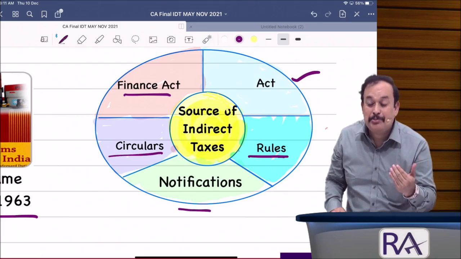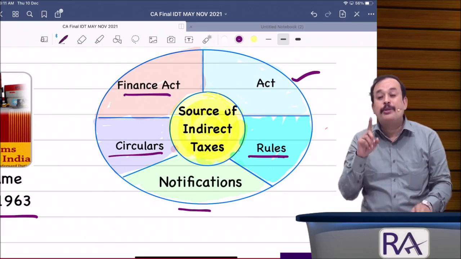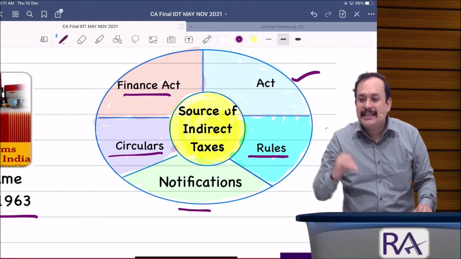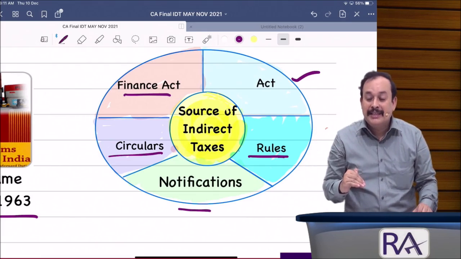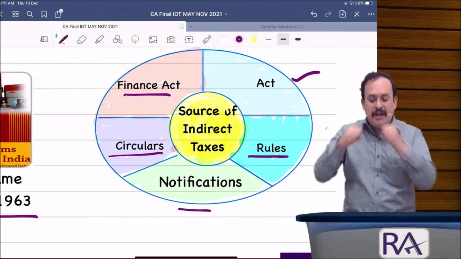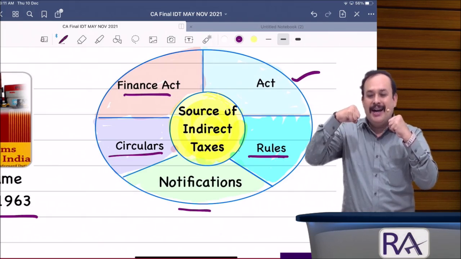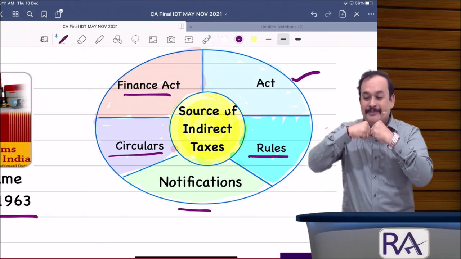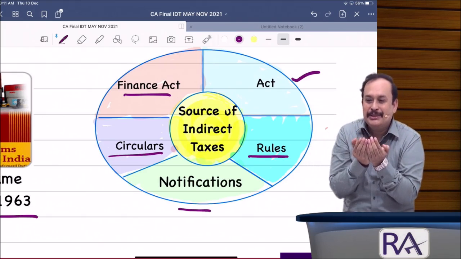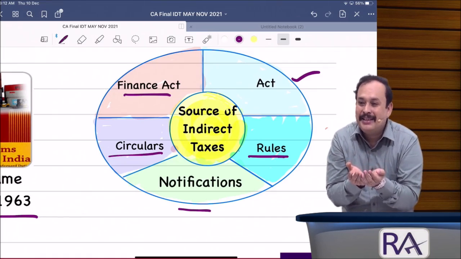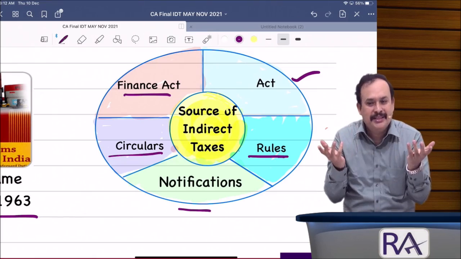Though it may be last, it is not the least; judicial pronouncements are utmost warranted under indirect taxes. The reason is that when there is a conflict between the department and the assessee, the solution comes from the judiciary by way of judgment for the sake of justice.